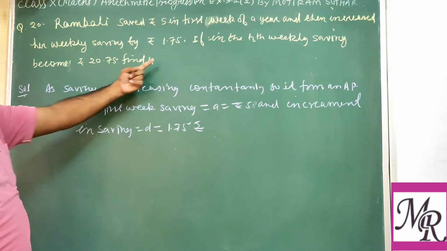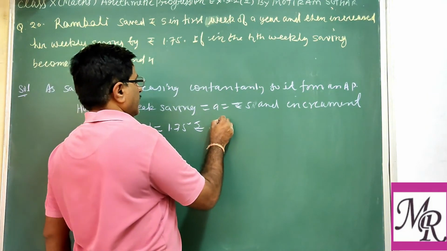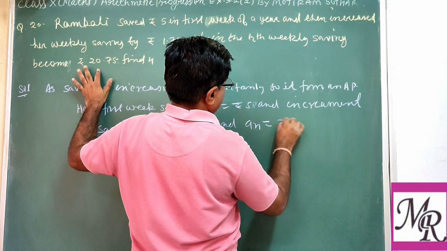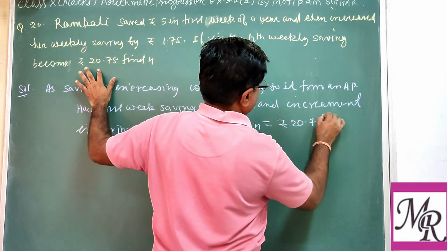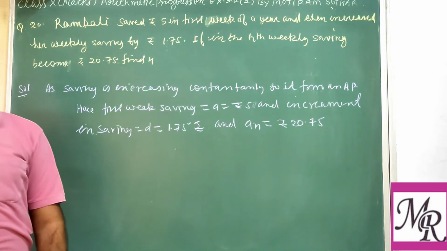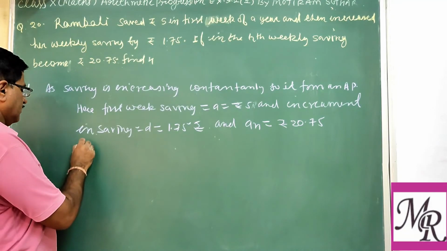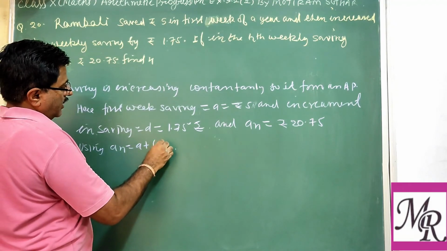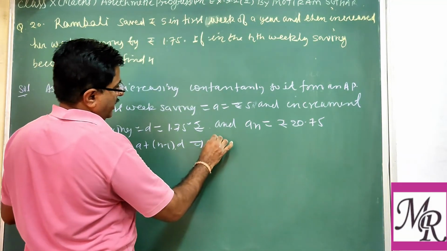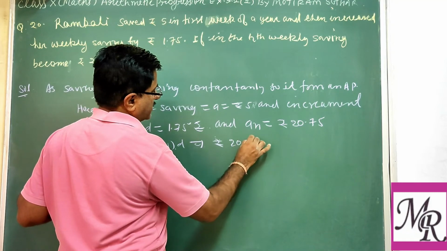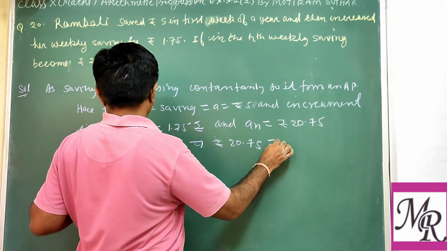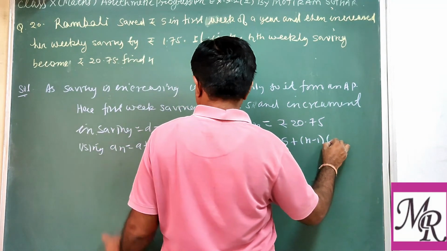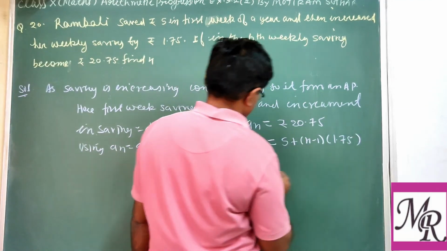So now also say it is the nth week and an or saving is rupees 20.75. So you have to find n, in how many weeks. So using again an equal to a plus n minus 1 into d. So here an is rupees 20.75, a, that is the first term, 5, n we want to find, and d is 1.75.